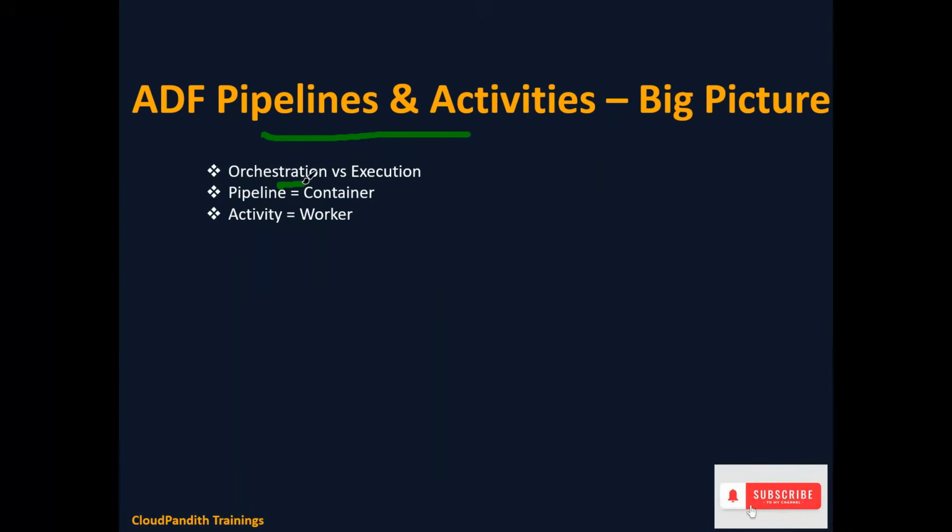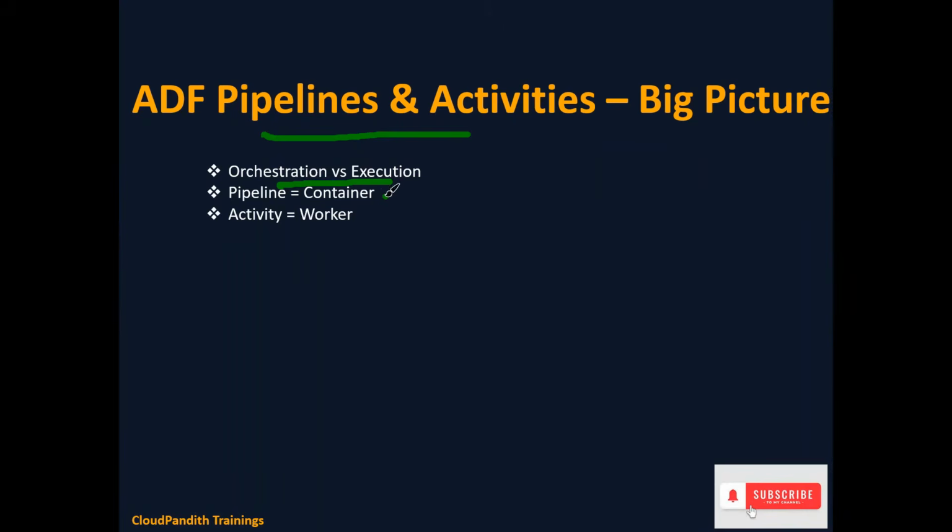So first, let's understand the differentiation between orchestration and execution. Remember, Azure Data Factory is not a data processing engine. It does not transform or compute data by itself. So ADF is an orchestration tool. Its responsibility is to decide what should run, when it should run, and what should happen if something fails.